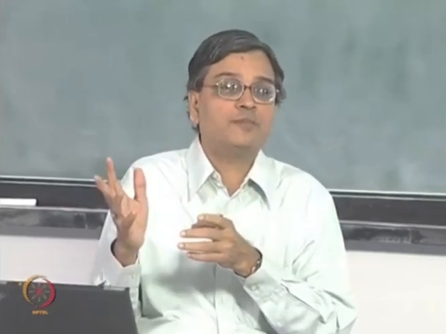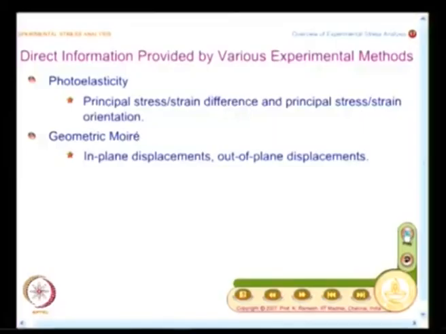If you want to go for out of plane displacement, you should have some modification in the optical arrangement, and even if you want to get u displacement, you should have gratings oriented in a particular way. So you are exploiting the physics, and you should also know how to use it. At a time you will get only one piece of information by and large, but there are also techniques which use more than one combination, and you get combined information as comfortably as possible.